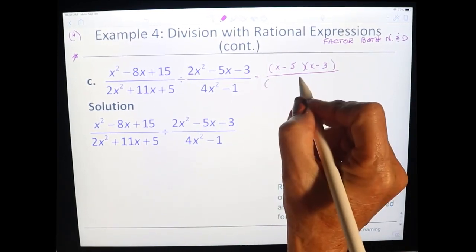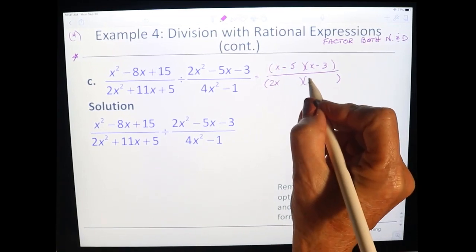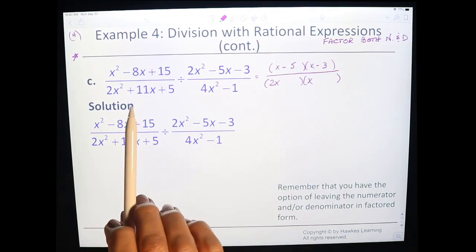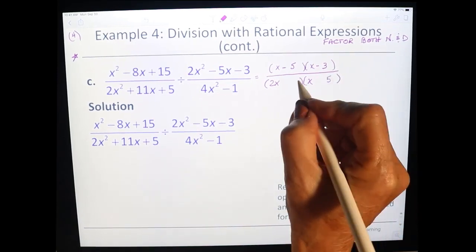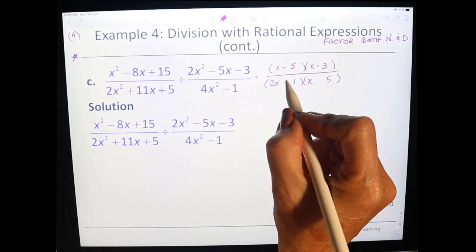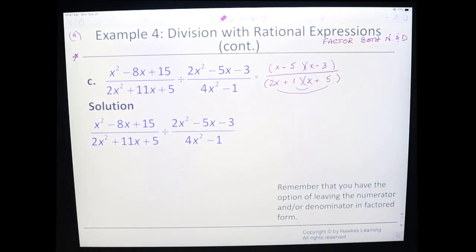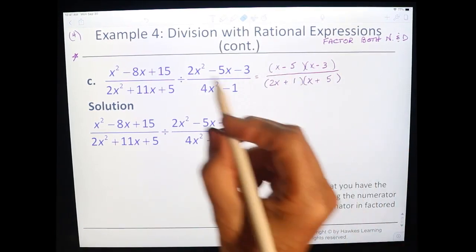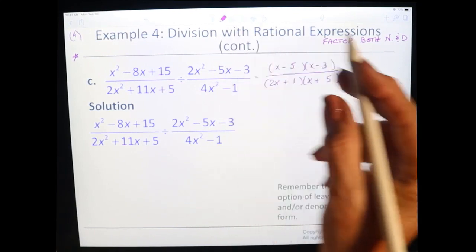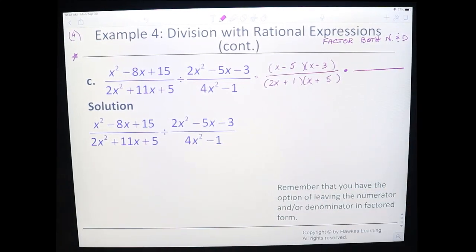On the bottom, I'm using trial and error. I'm sure you've been taught lots of different techniques for factoring. I want numbers that will multiply to give me 5 and add up here to give me 11 when I do an inside and an outside product. So I hope you see the positive 11x in there. Again, if you need to review factoring, try checking a different section in the textbook.